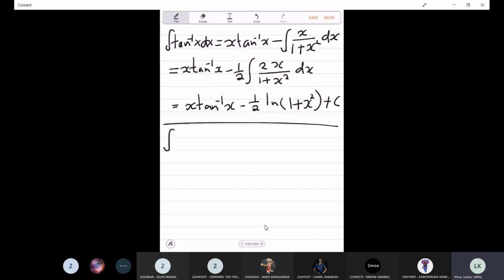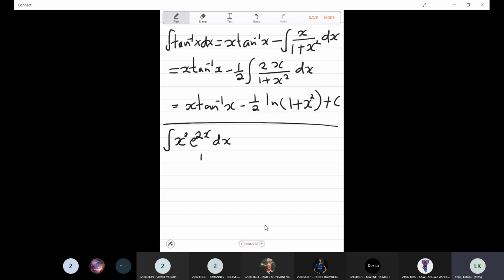We want to find the integral of, let's say, x squared e to the power of 2x dx. Okay, so we are still using integration by parts. We're just writing it in a way that it is much shorter for us to integrate.